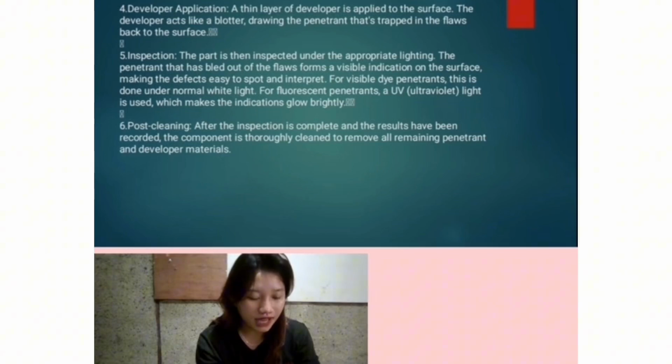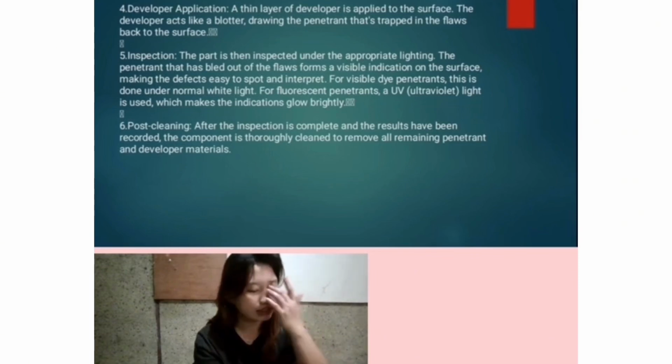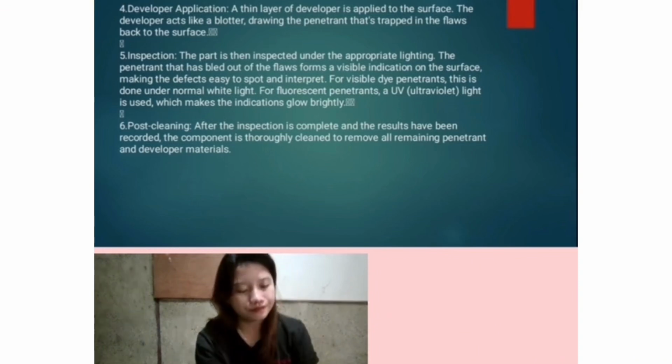For visible dye penetrant, this is done under normal white light. For fluorescent penetrants, UV or ultraviolet light is used, which makes the indications glow brightly. Six is the last, post cleaning.